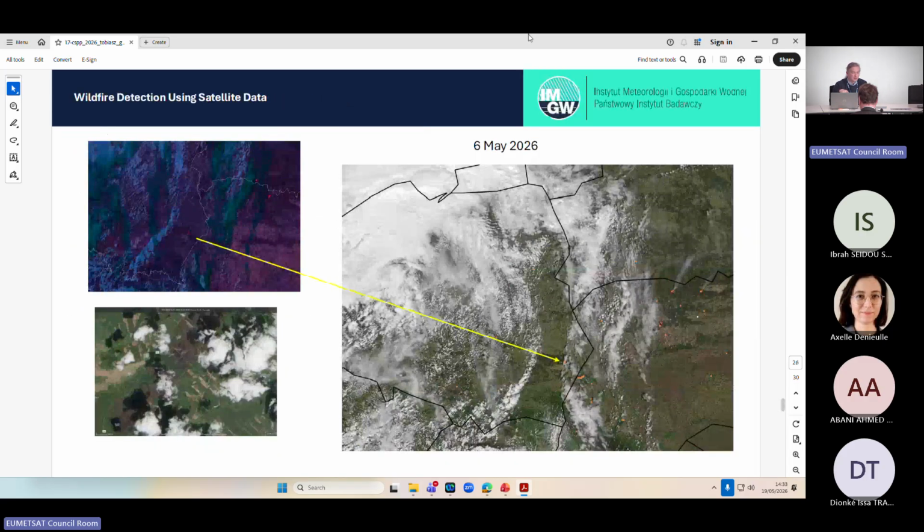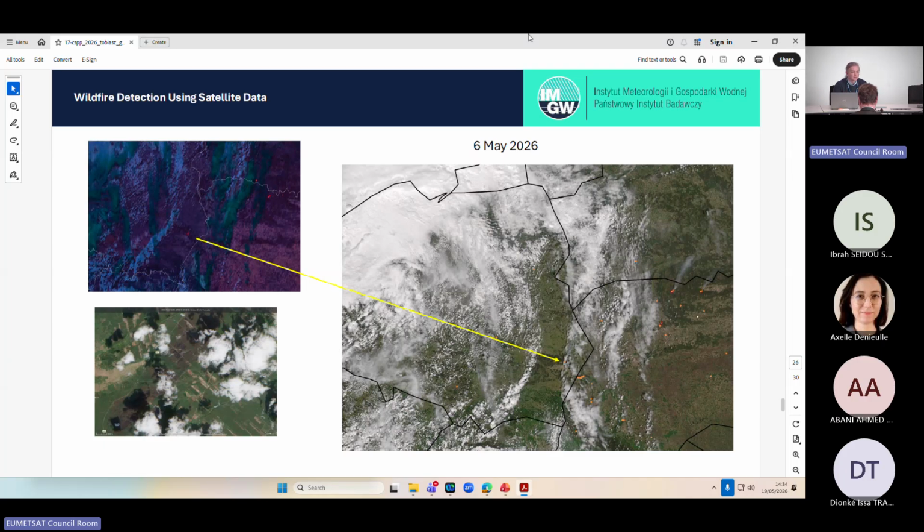And this is an example of how we can use the active fire product to monitor wildfire. This is a wildfire from 6 May 2026. On the fire temperature RGB product, we see this red spot, and we also see this fire on the active fire product.